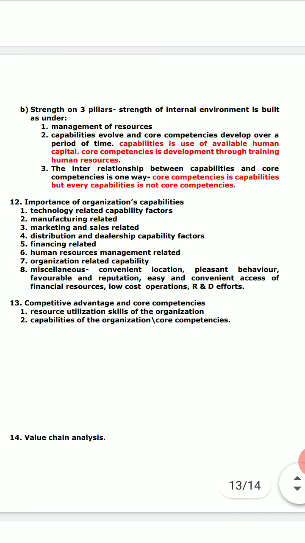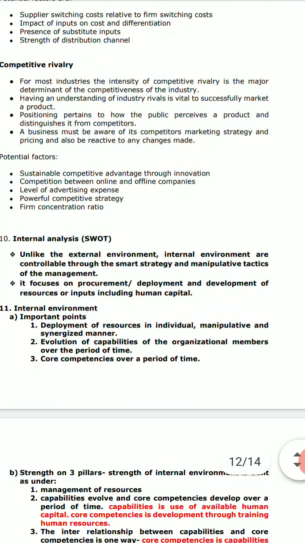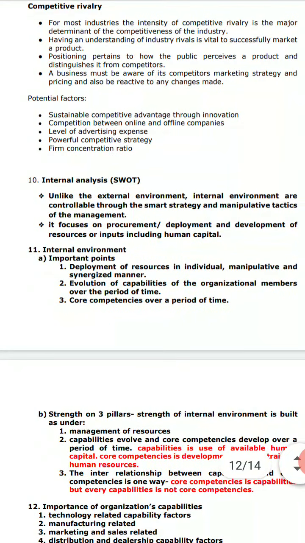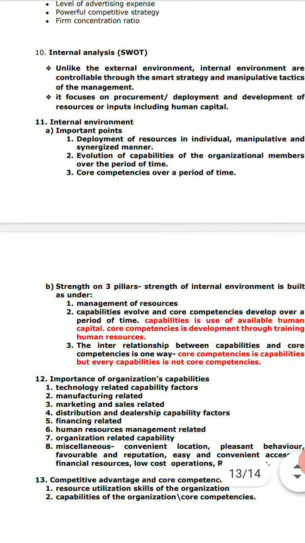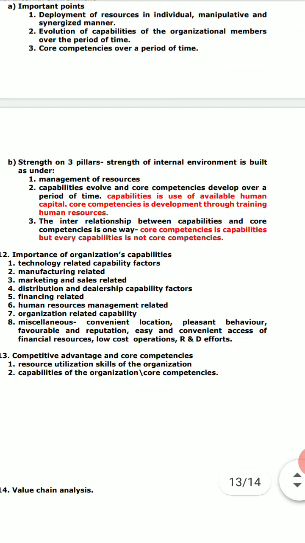We have also taken up the internal analysis here, with the important points. We have seen the three pillars, though they are a little bit interconnected, but they have to be studied separately. Next comes the importance of why these organizational capabilities are so very important, and under them we have studied these many types of elements which tell us that these may bring the capabilities of the firm, and that is why they are to be considered, right?